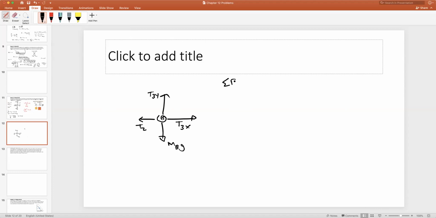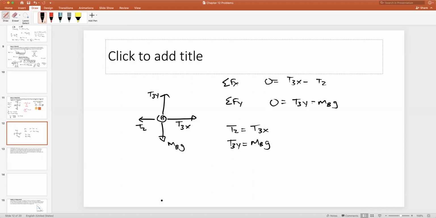So the sum of the forces in the X and the sum of the forces in the Y in this part of the problem, I get 0 is T3X minus T2. Remember, I already know T2. And I get T3Y minus MBG, or obviously T2 is T3X and T3Y is MBG.